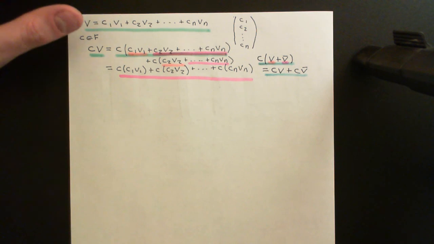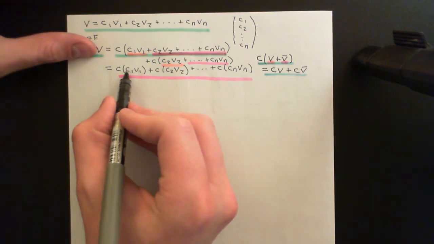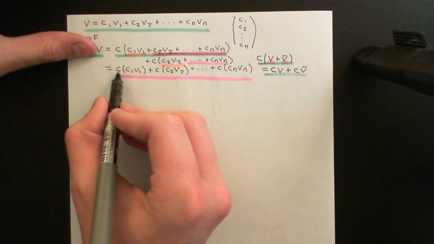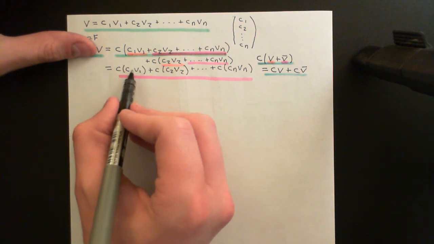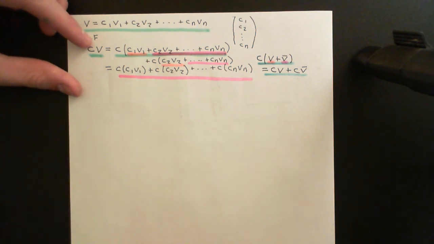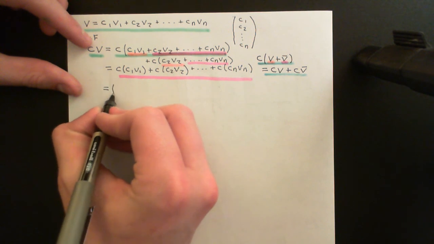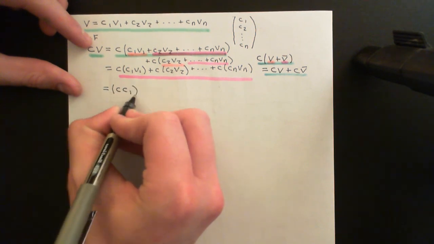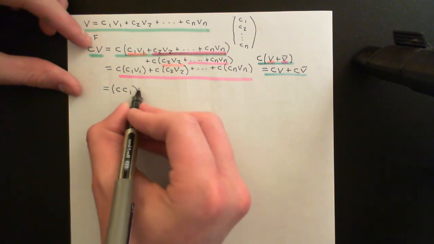We've got one more line, because at the moment we've got v1 firstly scalar multiplied by c1 and then scalar multiplied by c. That's not quite v1 just scalar multiplied by one thing. But actually it is, because scalar multiplication obeys associativity with field multiplication. So what I can do is rewrite this as c times c1, where this is now multiplication in the field rather than scalar multiplication.